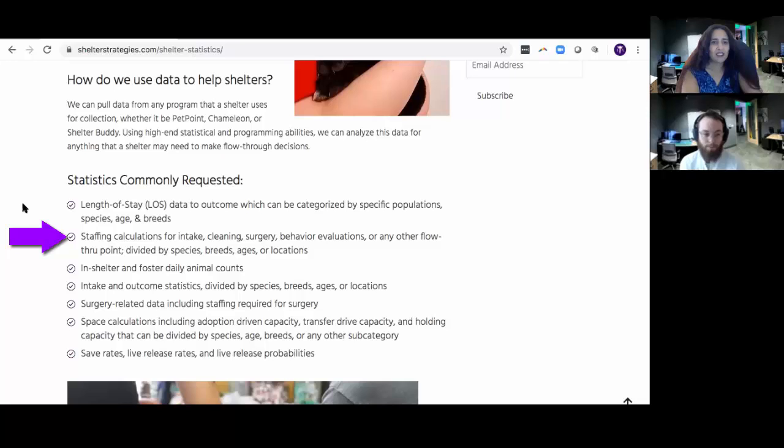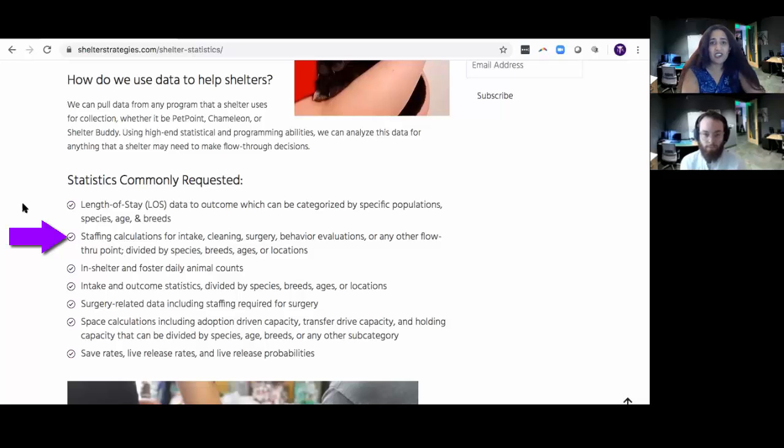Yep. The next section that we have outlined is staffing calculations. And this is very useful for people who are budgeting or requesting more full-time equivalent or part-time equivalent positions for their organizations, and using data for the different processes that happen: intake, cleaning, feeding, surgeries.